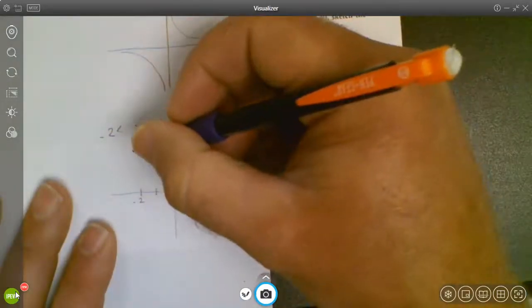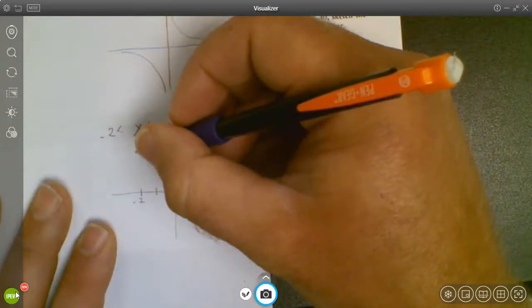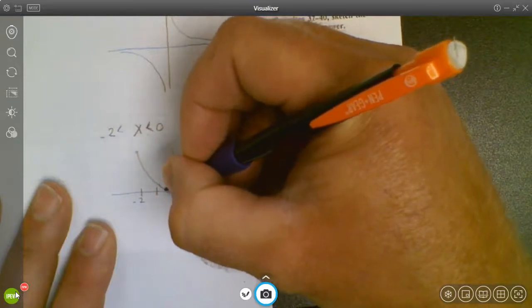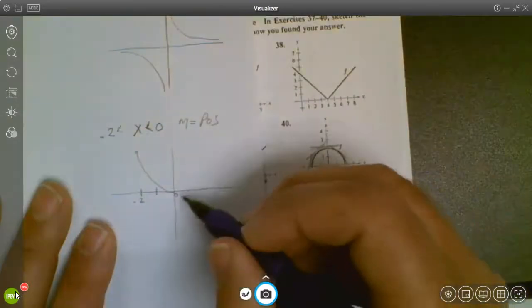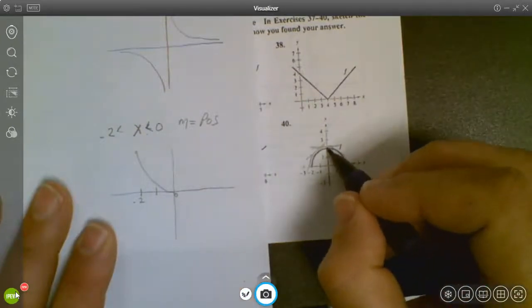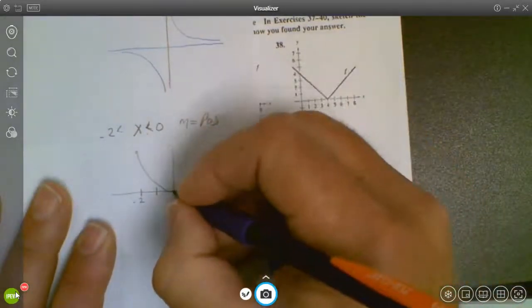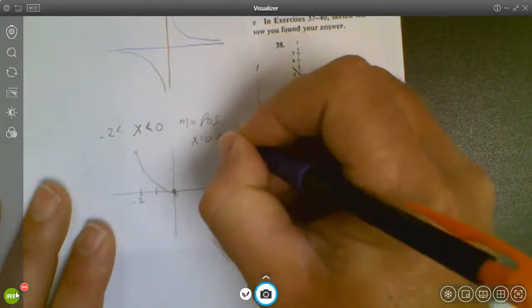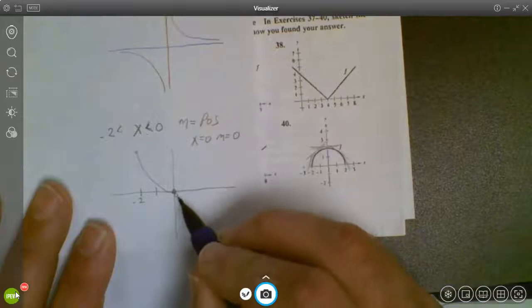So I'm starting big here at -2, and I'm getting increasingly smaller and smaller as I hit 0. And then as I hit 0, my slope is 0, so it means I have the point 0, 0. So where x is 0, my slope is 0. And that's why we get this point right here.